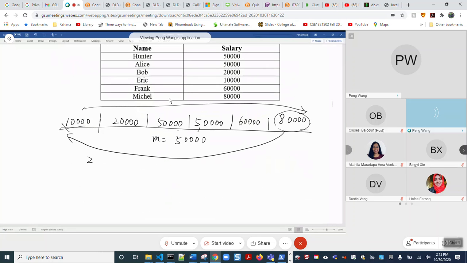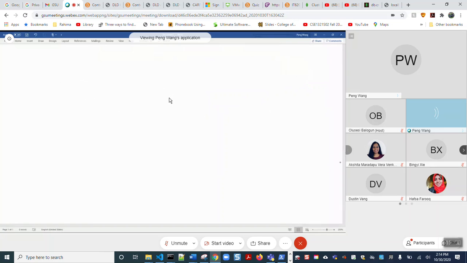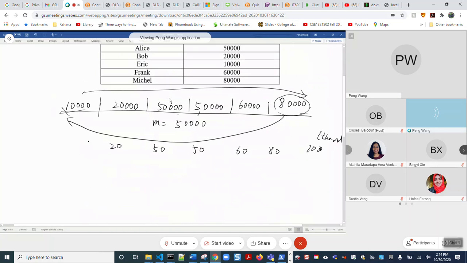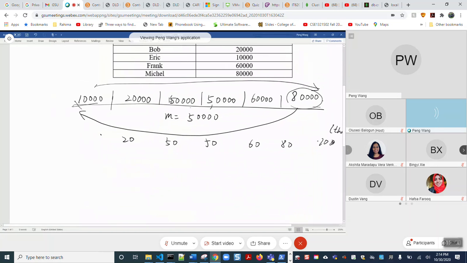Then we get the result 20 and 50 and 50 and 60 and 80 and 100. Oh, sorry. And now what is the median? The median is the average of these two, so it's 55.